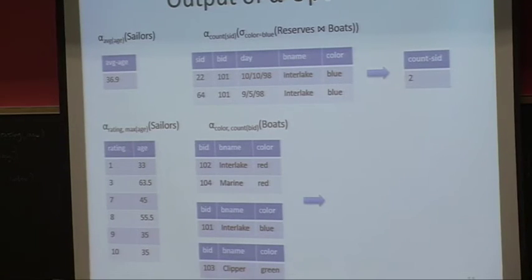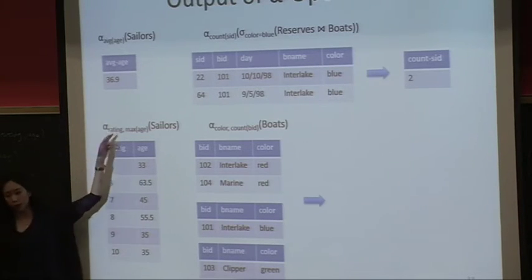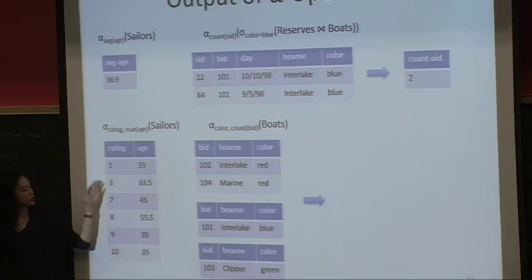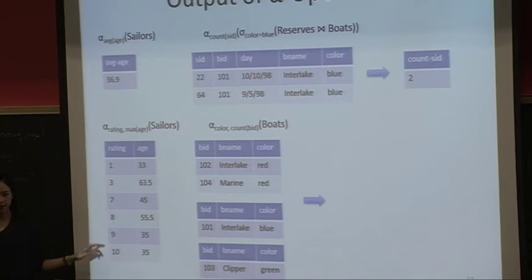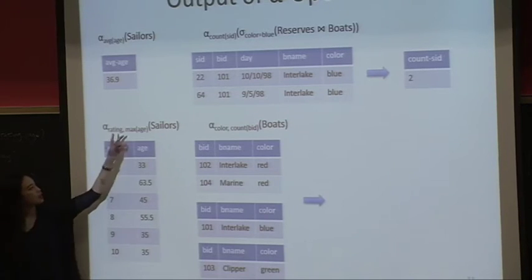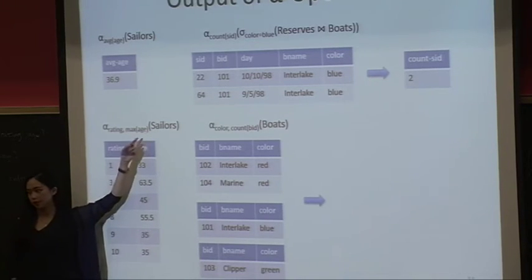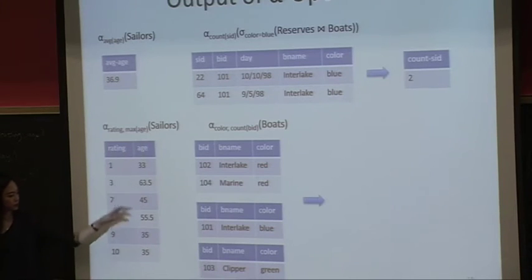Let's think about the third example we did earlier, where we wanted to find, for each rating, the oldest age of sellers. As you can see, we first did the grouping, right? That's how the number of rows will be generated, based on how many unique ratings there are in our data, and then in the end, we just find the maximum age among each group.